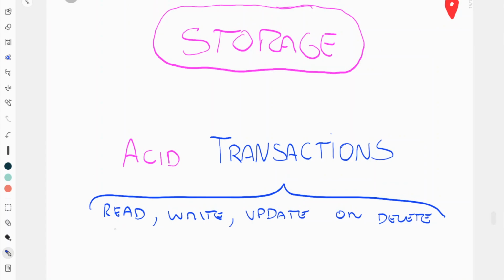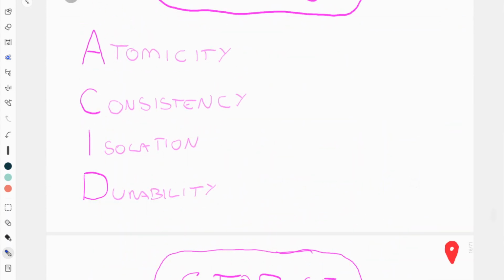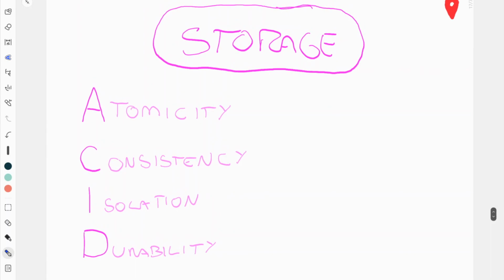Transactions are basically read, write, update, or delete your data. So when you read it, you're doing an ACID transaction, or at least you should. The ACID part is what we're exploring now. ACID stands for atomicity, consistency, isolation, and durability.